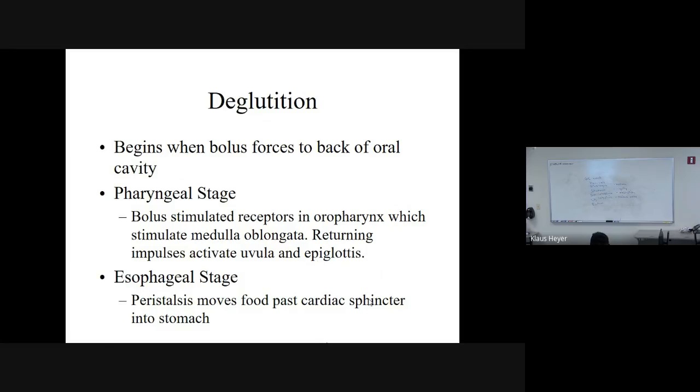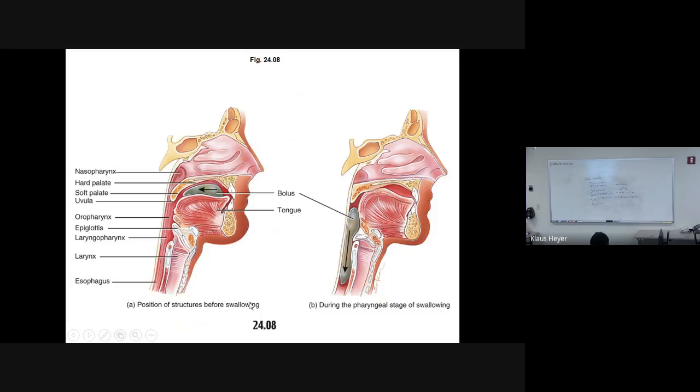You notice here I've got this word cardiac sphincter, so I'm going to go to it in another slide. Here's the bolus, the chewed up food. This is your tongue. Notice here's the uvula and here's the epiglottis.